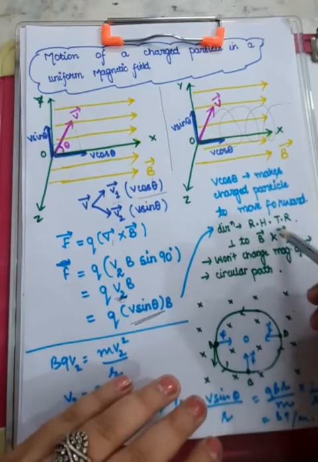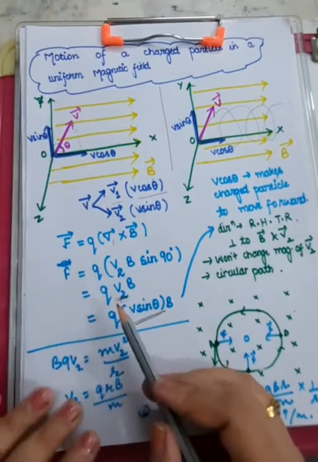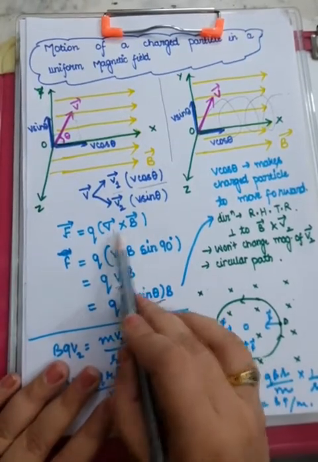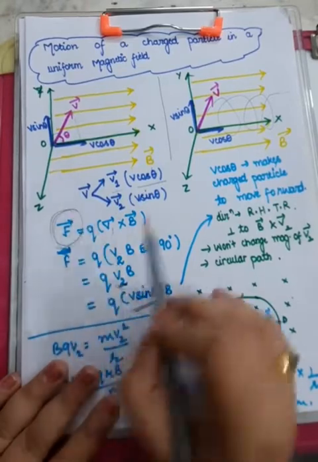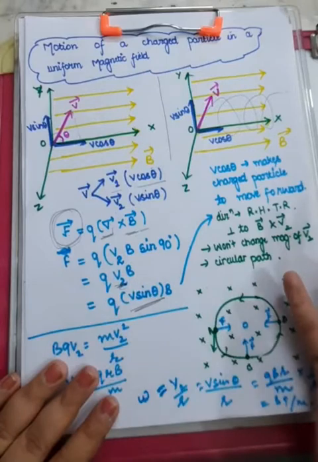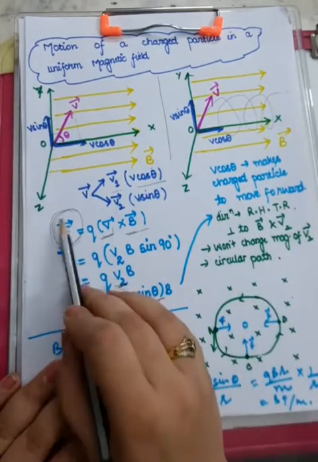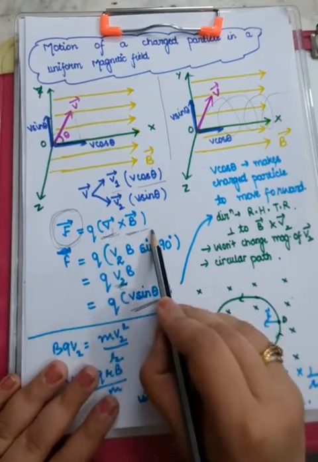Right hand thumb rule. Basically, you know that whenever one quantity is a cross product of two quantities, that quantity has a direction perpendicular to both the vectors of which it is a cross product. So F vector will be perpendicular to v2 vector and B vector also.